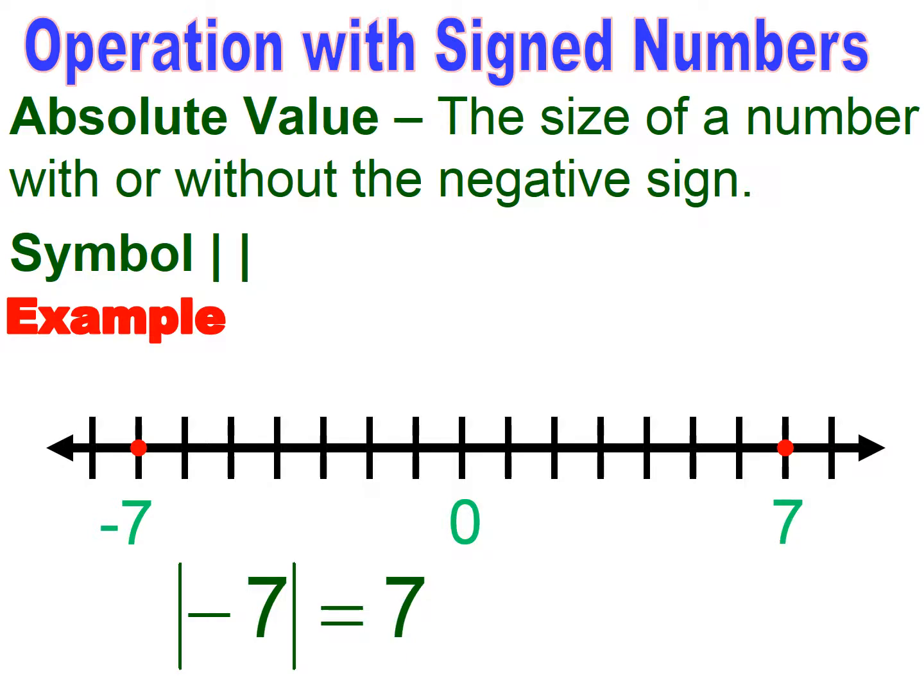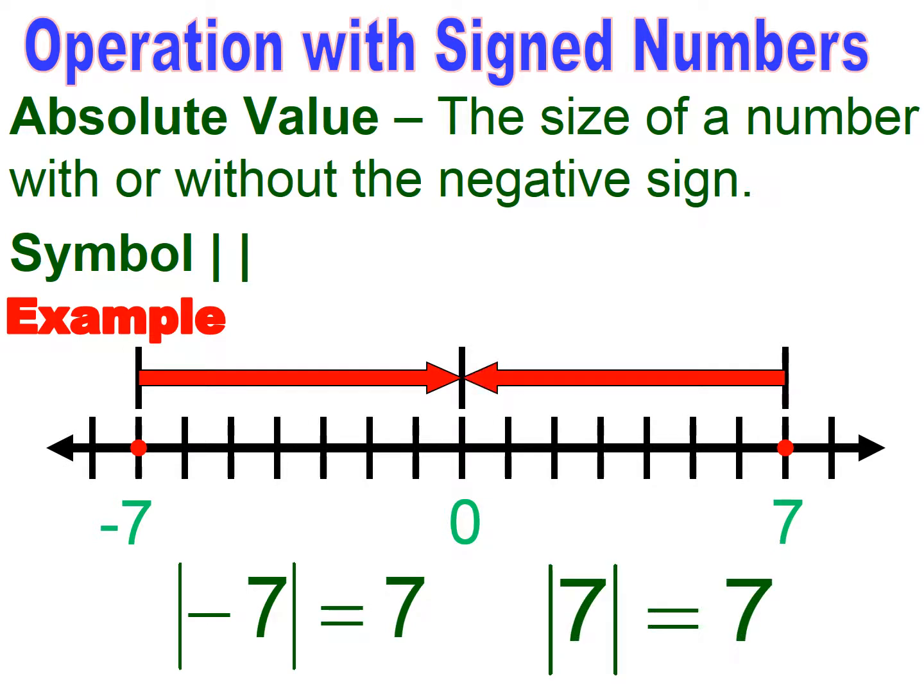To evaluate that, for the absolute value of -7, I want to know how far -7 is from 0 on the number line. We know that it's a positive 7, or 7 units away. So when we think of absolute value, we're thinking about a distance, and distance is always a positive value.